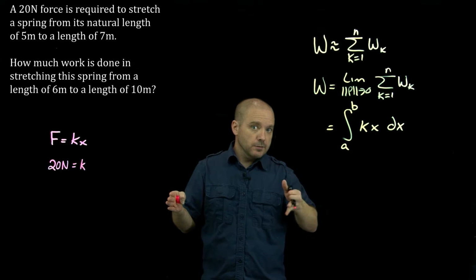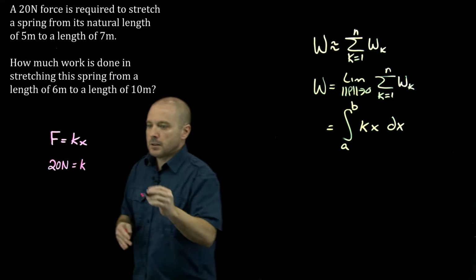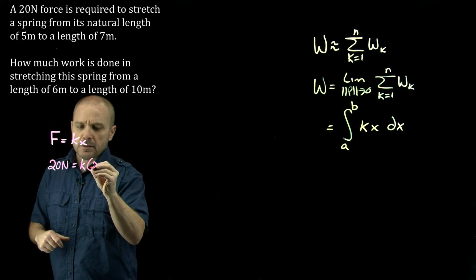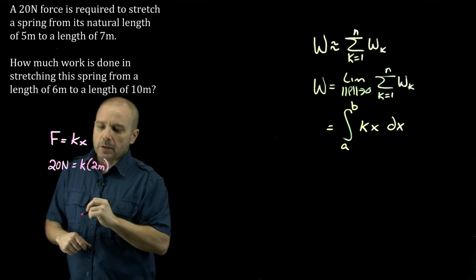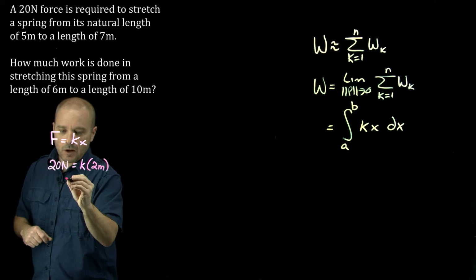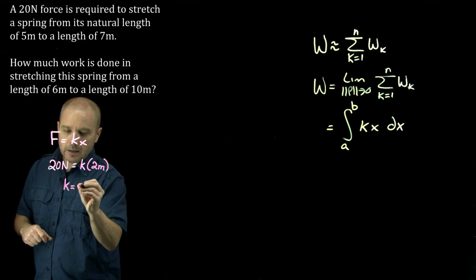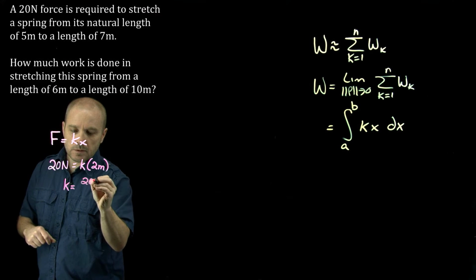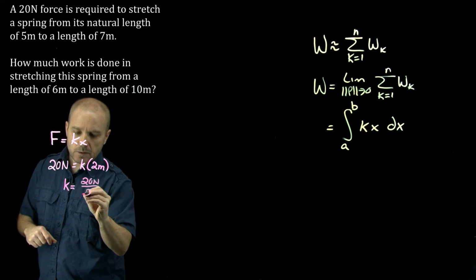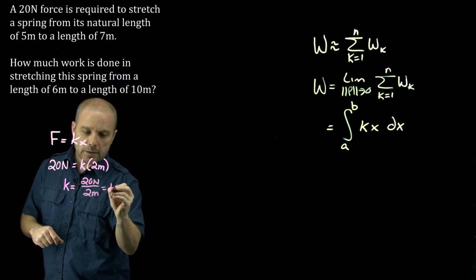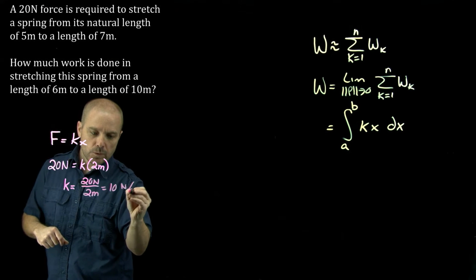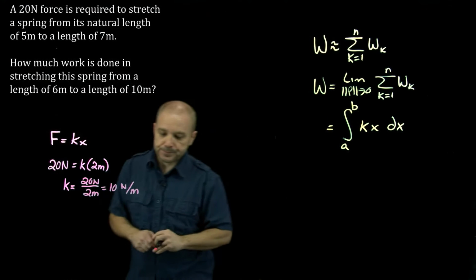So that's 2 meters of stretch, right? So X is 2 meters. And now just solving for K, K is 20 newtons divided by 2 meters, or 10 newtons per meter.